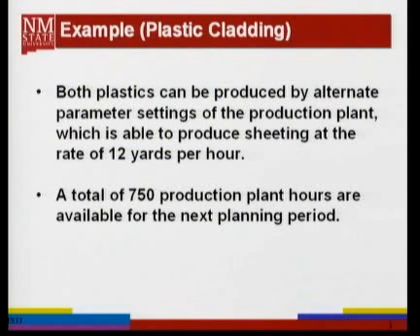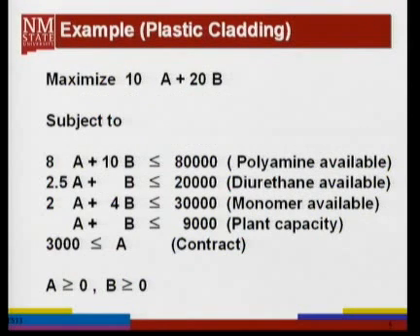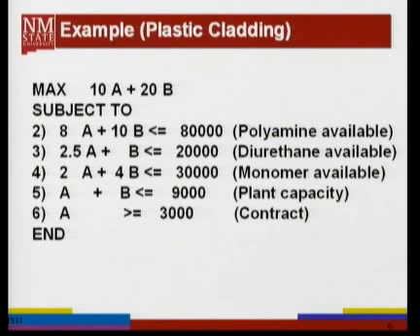An alternate method could produce both plastic claddings up to 12 times 750, which is 9,000 pounds. And we'd like to maximize the total profit. This is the complete LP formulation for this problem, and this is what I've obtained from Lindo.